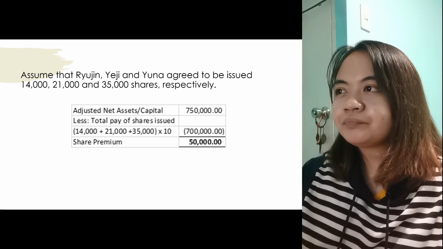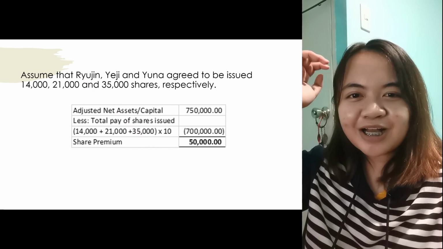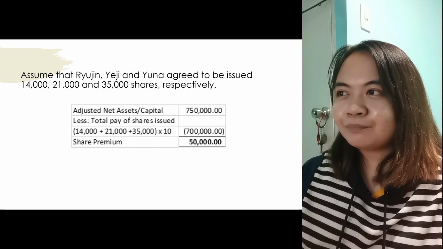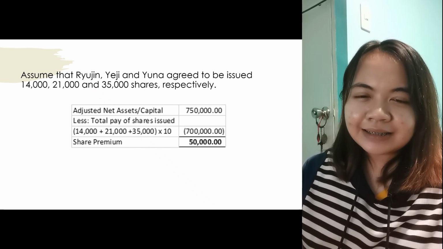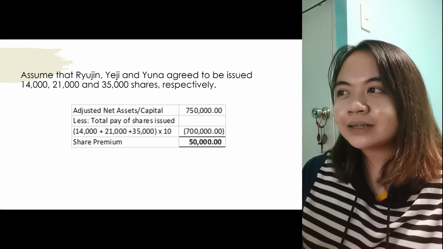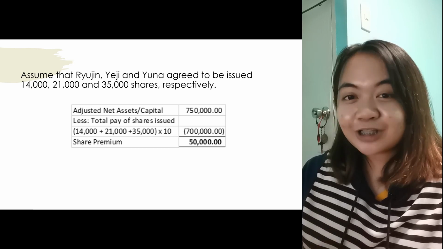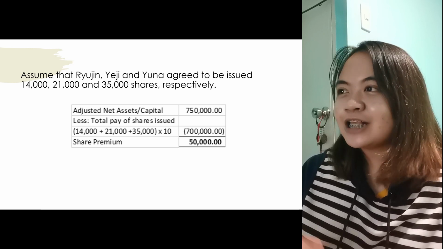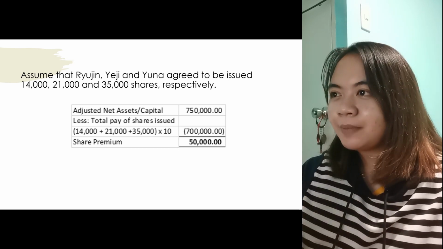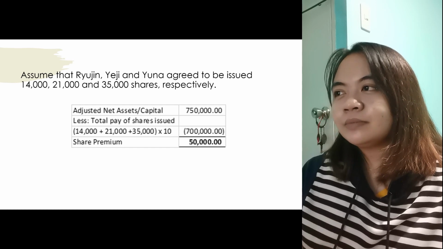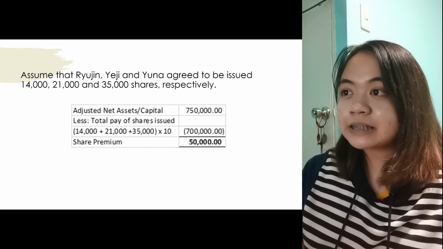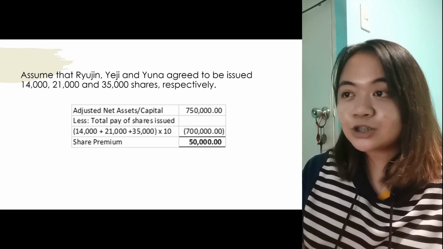So, how do we do that? Here you will see that the net assets being credited are greater than the actual shares they hold. When that happens, we have share premium. So, we have adjusted net assets and capital of 750,000. That's what enters the corporation. But what was actually given to the partners is 14, 21, 35, times the par value of 10, only 700,000 in share capital.